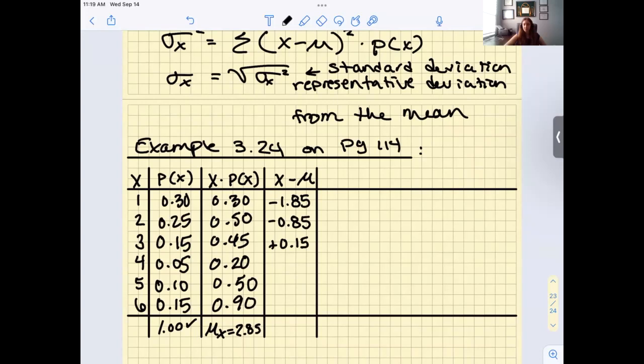Next. To the right of the mean by 1.15. Next. $2.15. Next. $3.15. Questions about how we got those numbers?